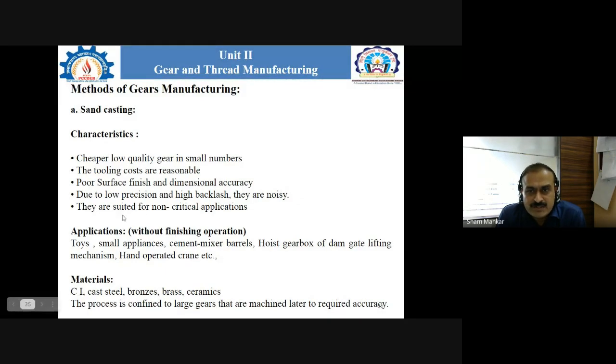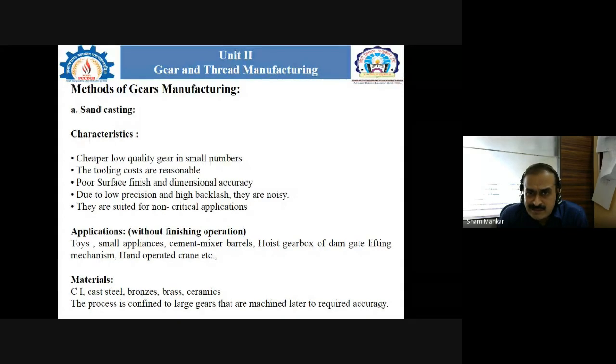So they are suited for non-critical applications. Very precisely mentioned, these are the characteristics we can consider. But still, the question is: if there is no excellent surface finish and no dimensional accuracy, then why do we need to recommend this kind of gear?